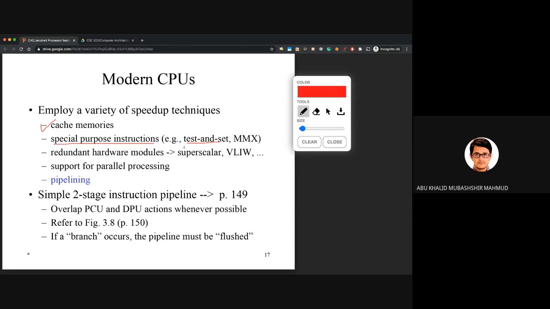For example, if we test memory and we find the required data there, we set the data in the accumulator, etc. The MMX special type of instruction. And then the redundant hardware modules, superscalar and very large scale integration, etc. is present in the modern CPUs.